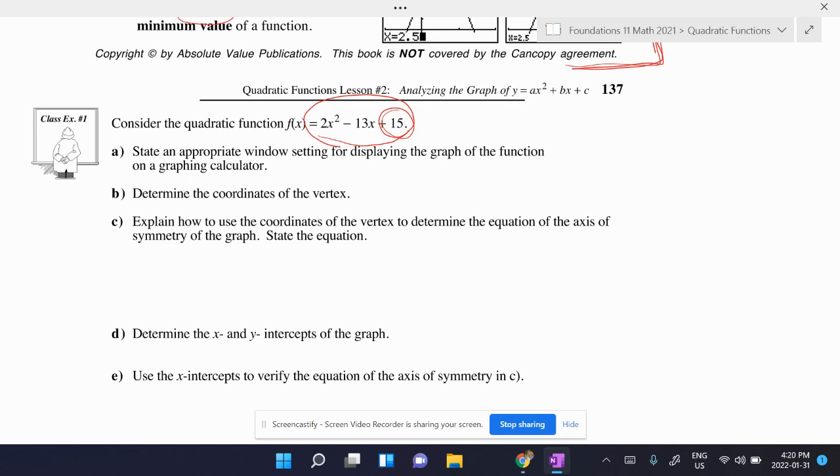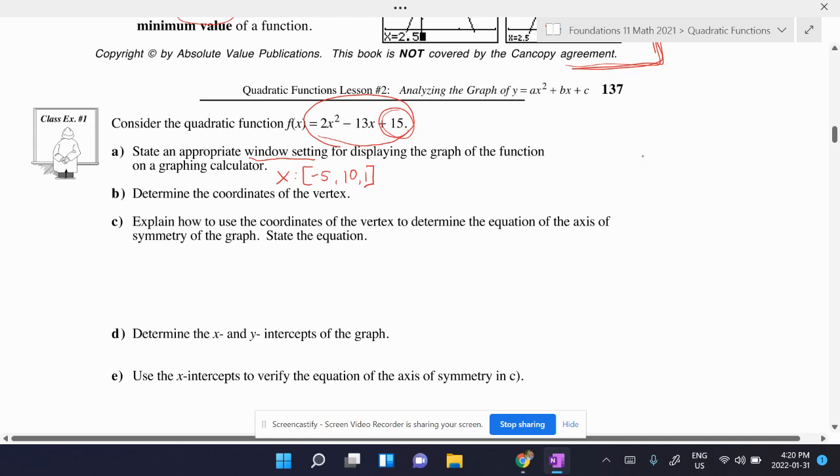So when you look at your window setting on your calculator, I would make your X go from -5 to +10, and every line a value of 1.